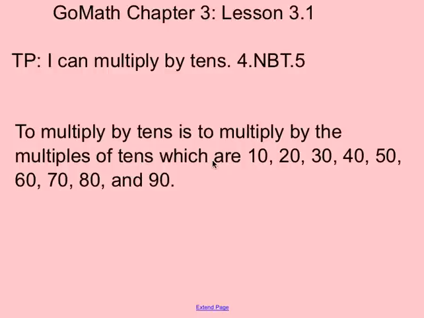To multiply by tens is to multiply by the multiples of ten, which are 10, 20, 30, 40, 50, 60, 70, 80, and 90. So one of your factors will definitely be a multiple of 10. The other factor will just be any two-digit number.